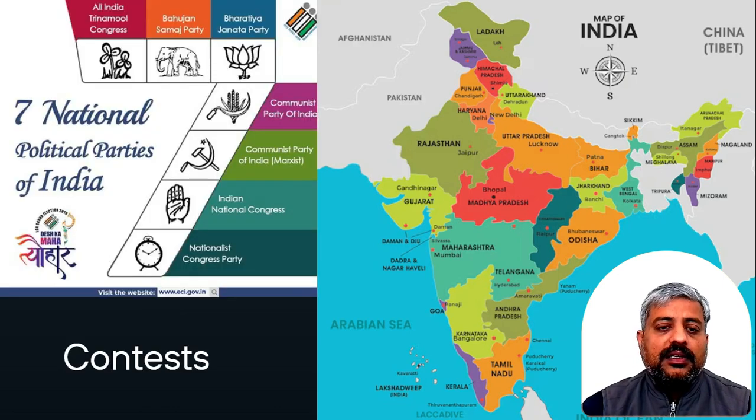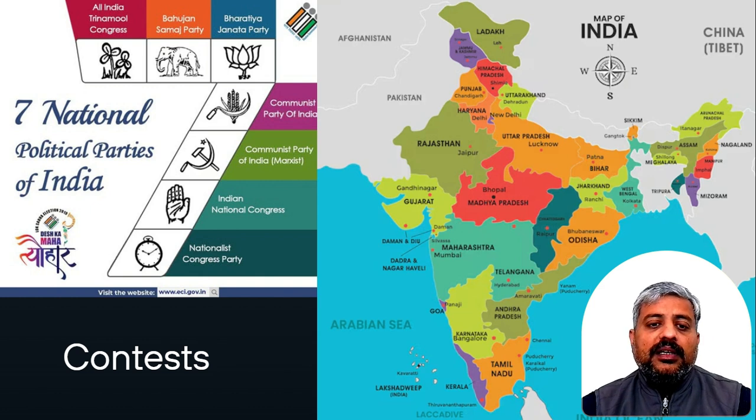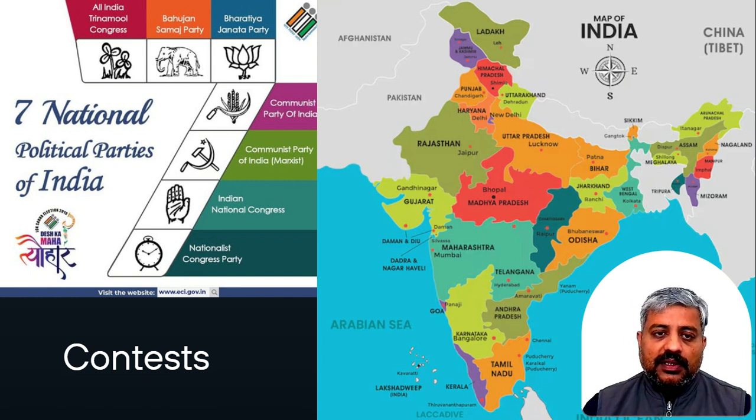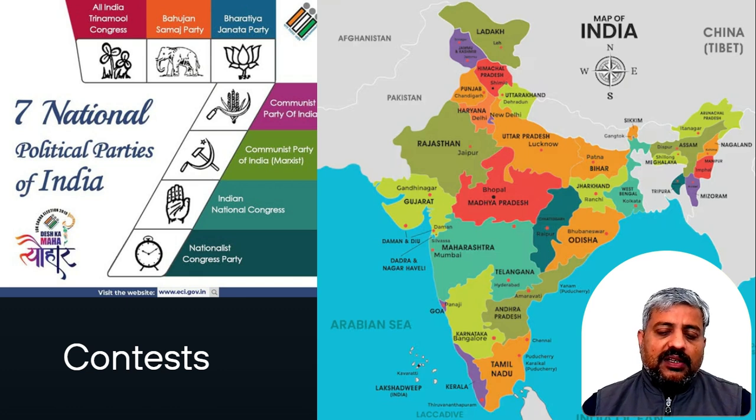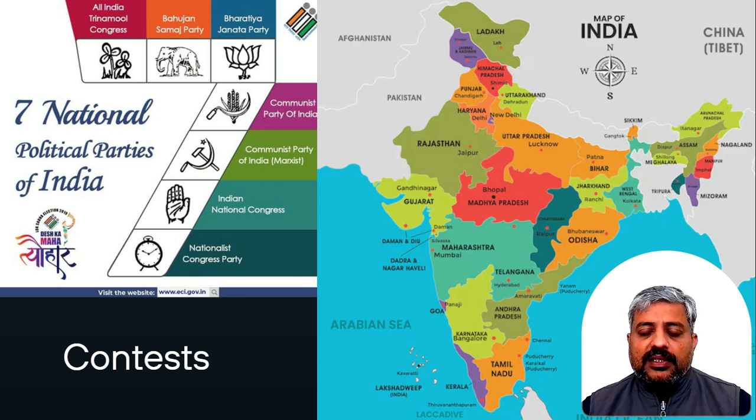Now let us have a different look. If there are many people, how are they going to be elected? Because there needs to be a party. The party runs the country, not every individual person. So there are some of the national parties in India. I have just shown them as an example here. They contest within the parties.